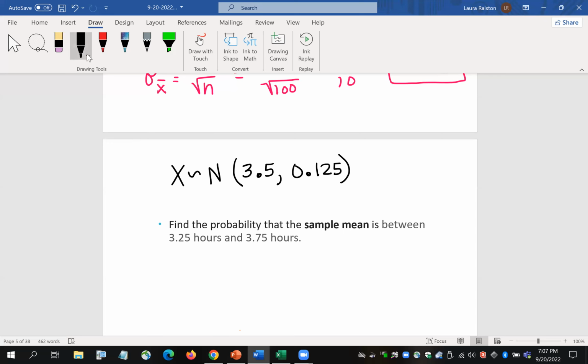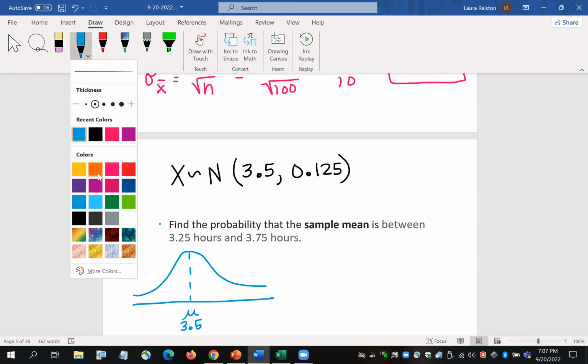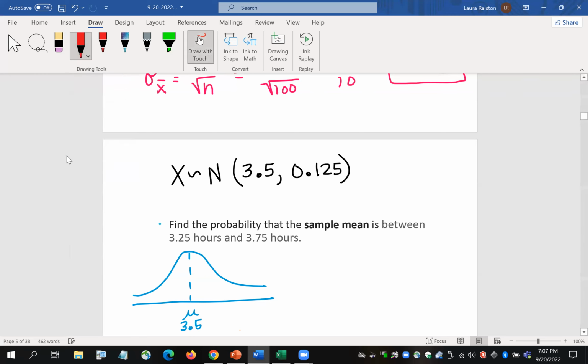So if I draw a visual here, just like I was doing before, because of the central limit theorem, I have a normal bell-shaped distribution with a mean of 3.5, and I want to know what's the probability that the sample mean is between 3.25 and 3.75.